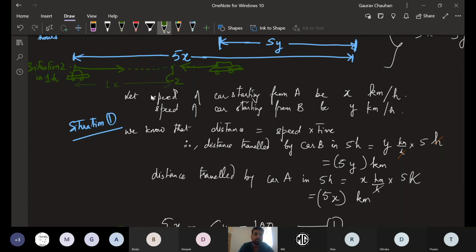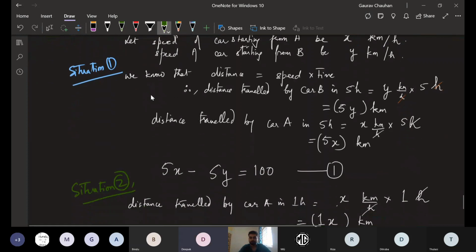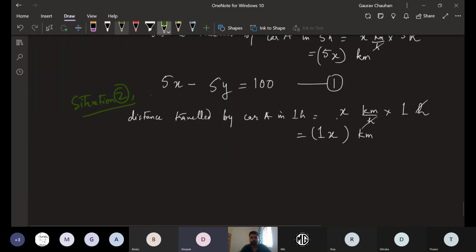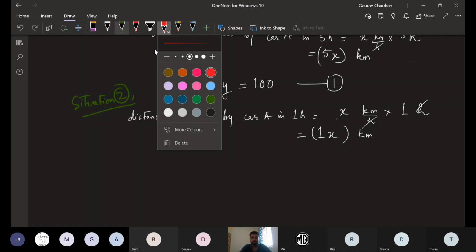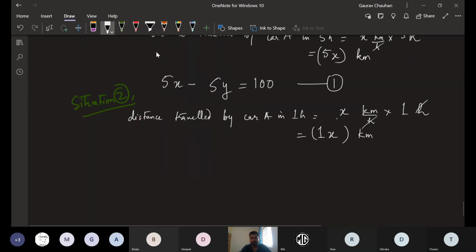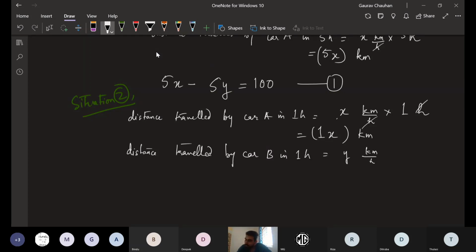Okay, continue. Sir, then distance traveled by car B will be 1y. Distance traveled by car B in 1 hour will be equal to y kilometer per hour into 1 hour, that is basically 1y kilometers.